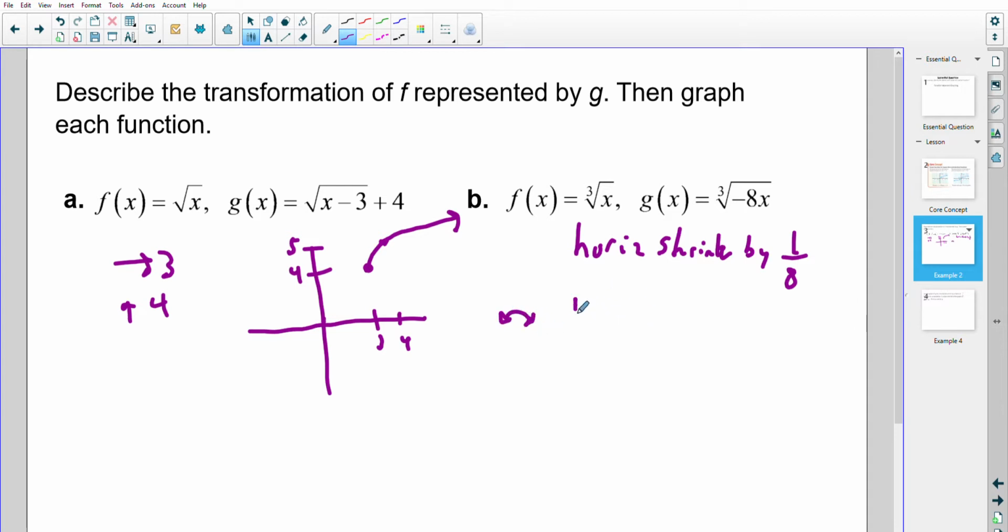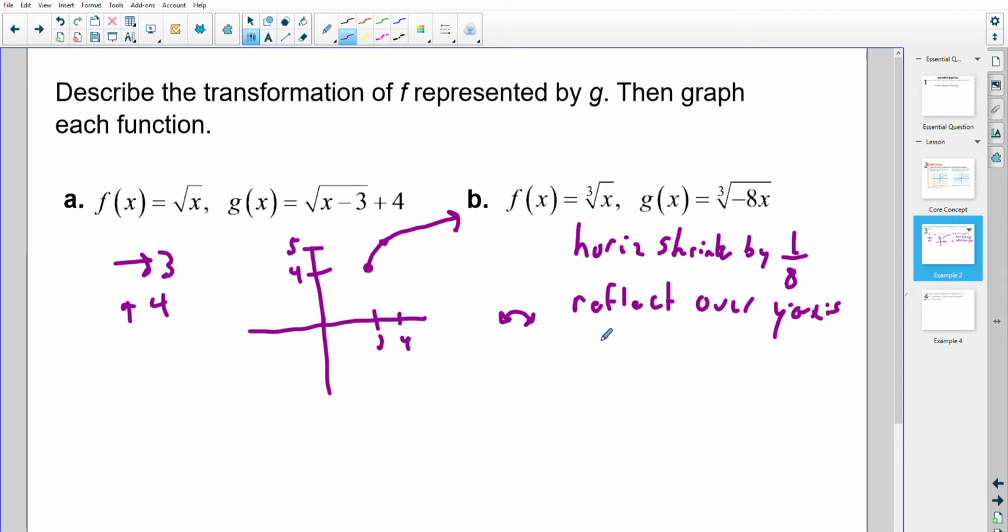And so there's a reflection over the y-axis. Now notice that on this one, a positive x becomes negative and a negative x becomes positive, and that's why I draw that double arrow.